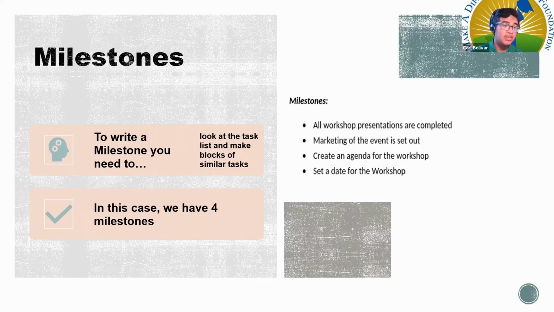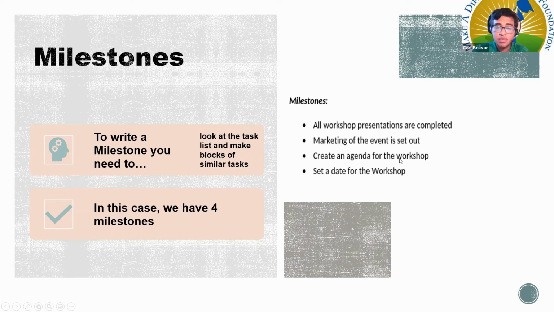And for milestones, they are determined by your task. So milestones are a grouping of similar tasks. In this case, we have 4 milestones. All workshop presentations are completed for the Make a Difference Youth Foundation workshop. Marketing of the event is set out.